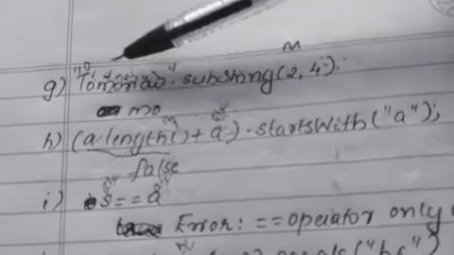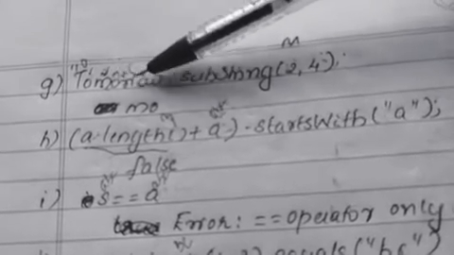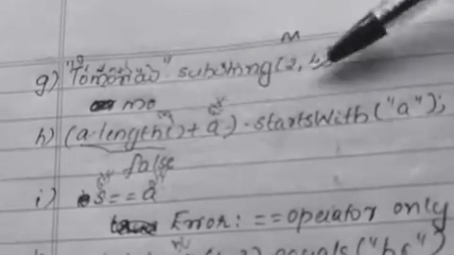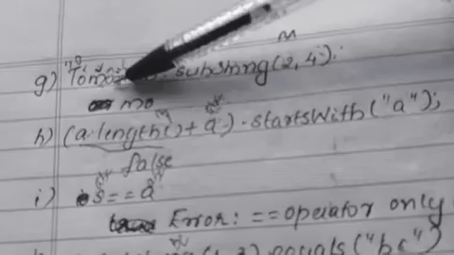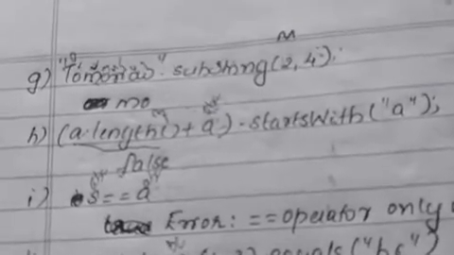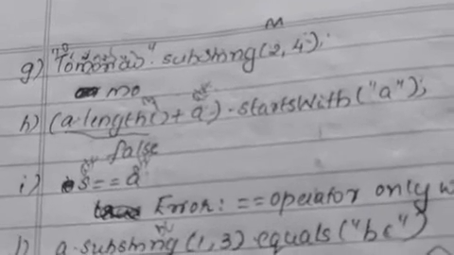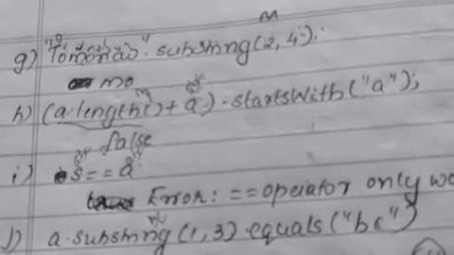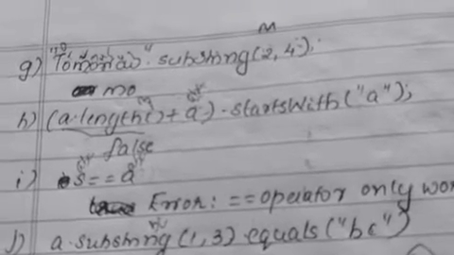So when it's given like this, 2 to 4, don't extract from 2 to 4. You have to extract from the starting index position to the last index position minus 1. That is 4 minus 1, that is 3. So 2 to 3. Which are the letters at 2 to 3? M and O. So substring is a string function which can be used in 2 ways: by passing 2 index values and also by passing a single index value.